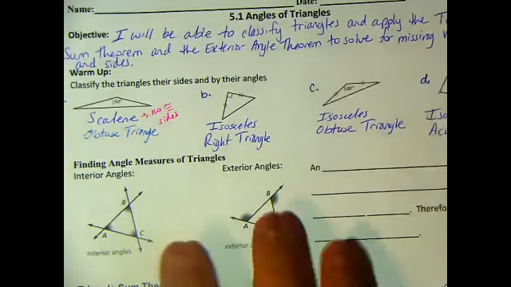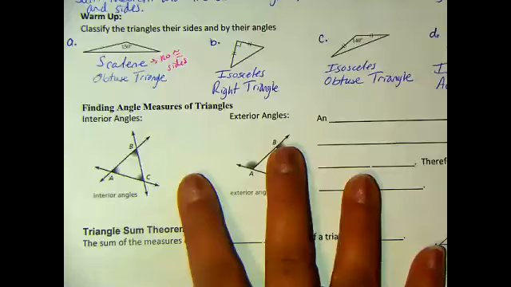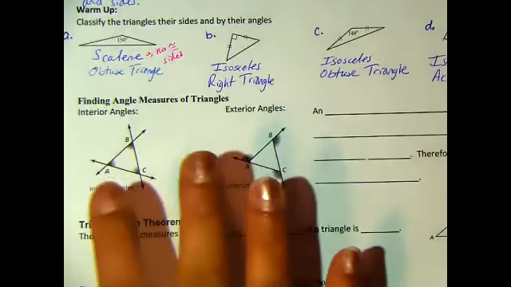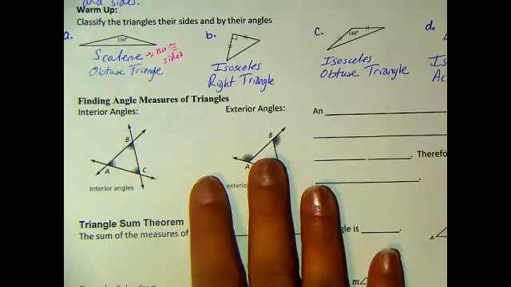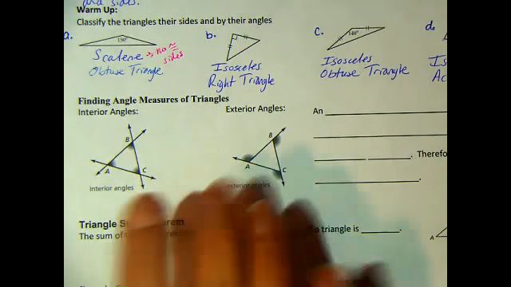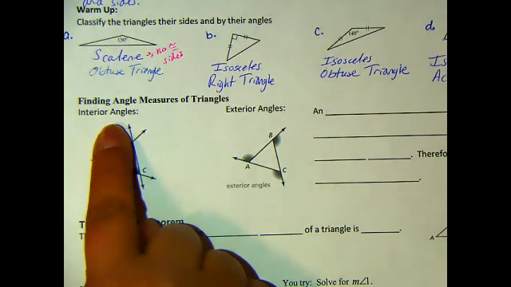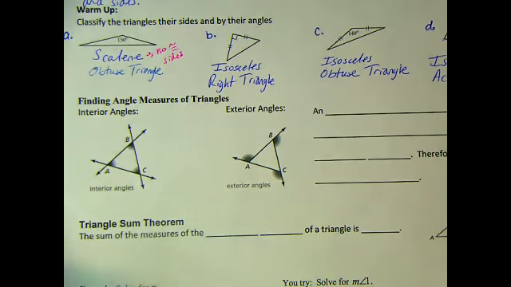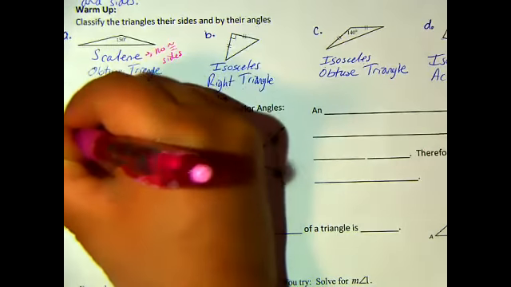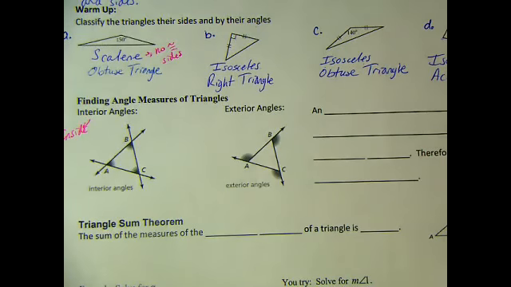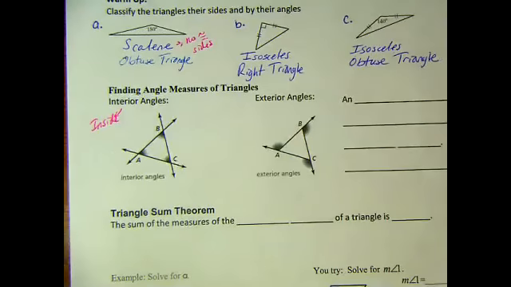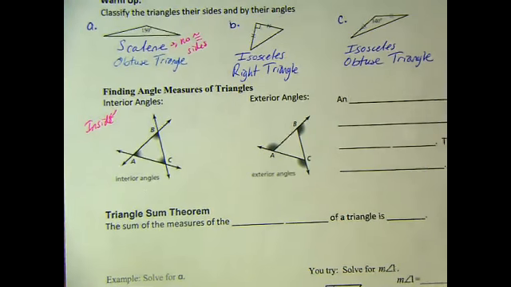But the first thing we need to talk about is exterior and interior angles. Okay, now interior angles, the word interior, that means inside. We should recognize that from our interior angles, like with lines cut by a transversal from our last two chapters, right?